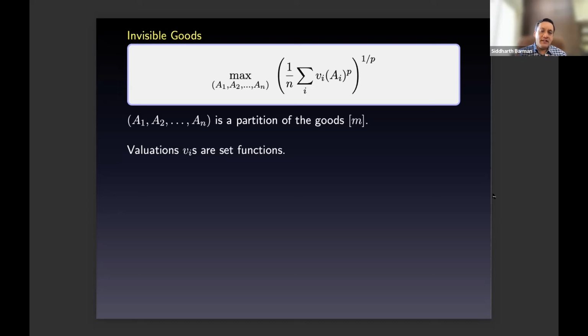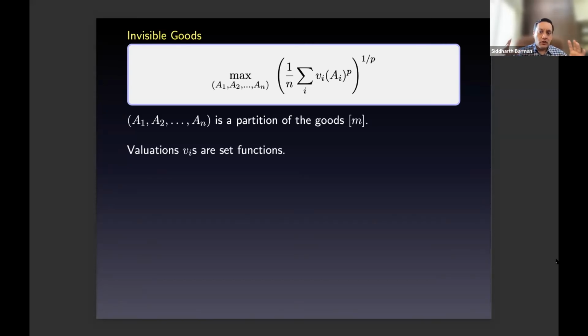So for every agent I, the cardinal preference is specified by the set function VI. VI tells me what is the value that agent I has for different subsets of goods. These set functions can be complex. In all its generality, these are entities that need, let's say, a table of size 2 to the m to even specify.